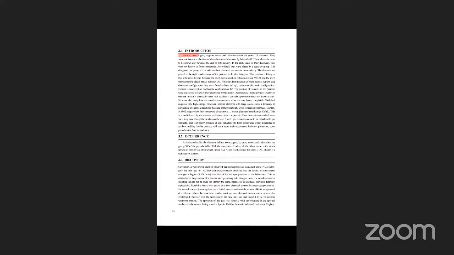These elements came to be known only towards the end of the 19th century. In the early years of their discovery, they were not known to form compounds. Accordingly, they were placed in a separate group, designated as 0 group, indicating their chemical inertness and 0 valency.